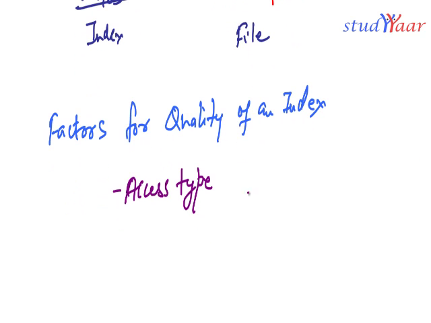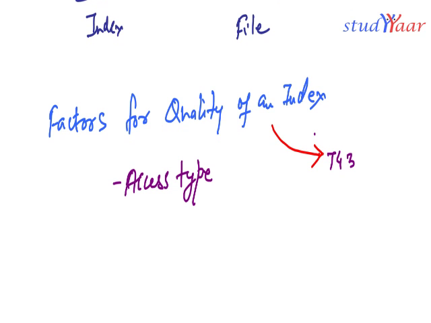There can be two cases where I need 743 and my index takes me to 743. And there can be another index where we have values like 736, 753, 724.